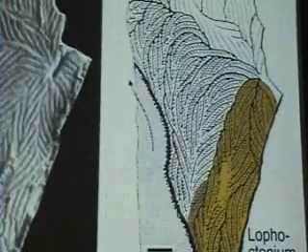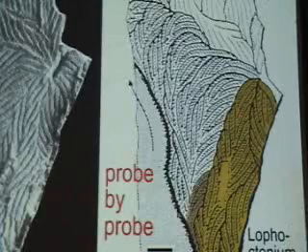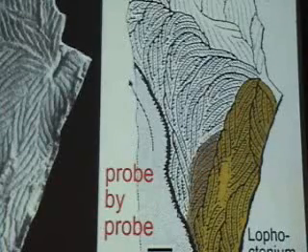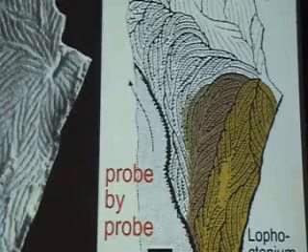Now, we could go on like this, but now we do probe by probe. Until at the end, something is in the room, says, you go too far, I'm not long enough.